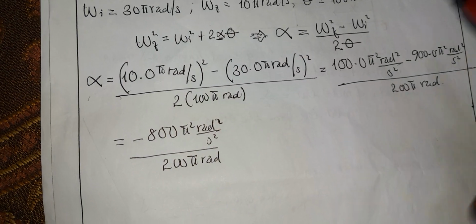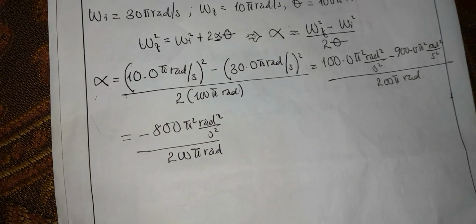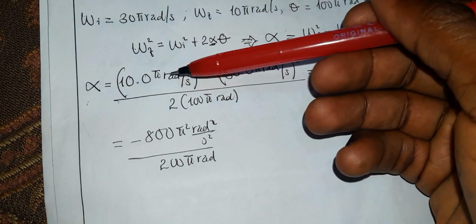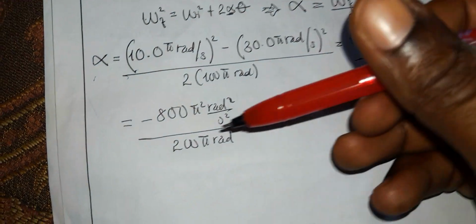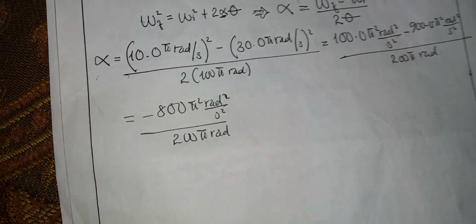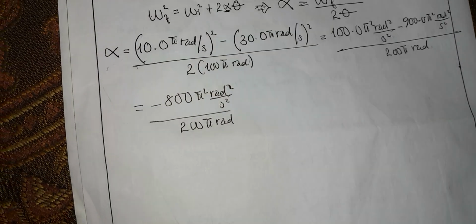So I just substituted the values and then the square of each. Mind you, when the square is going in, it goes in for both the magnitude and every unit. So that's what we're having. And then we're having a negative sign because the final angular speed is greater than the initial angular speed.